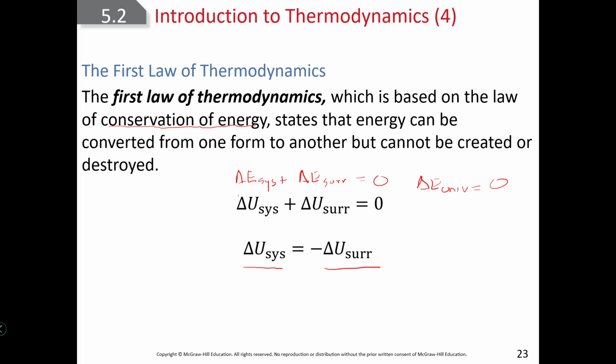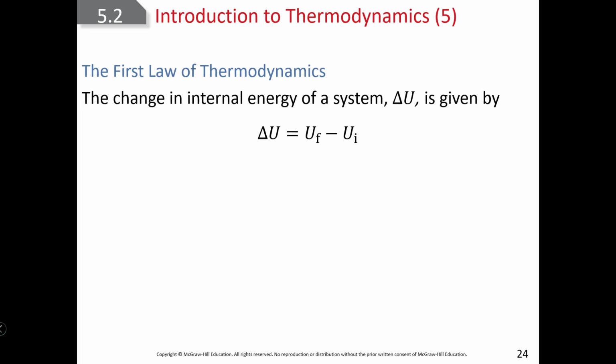All the energy in the universe is here, and all we can do is convert energy from one form to another. Delta, remember what it means. Delta means change, and the change is always final minus initial. Just keep that in mind. Again, this book uses delta U, which is more practical in physics, so I don't have any problem with using delta U. It usually means internal energy.